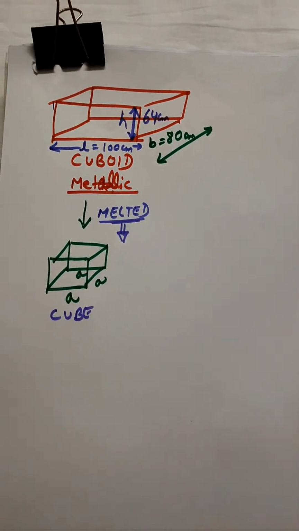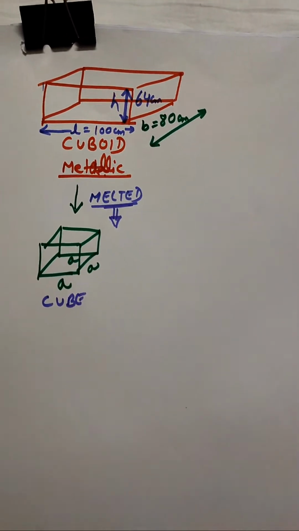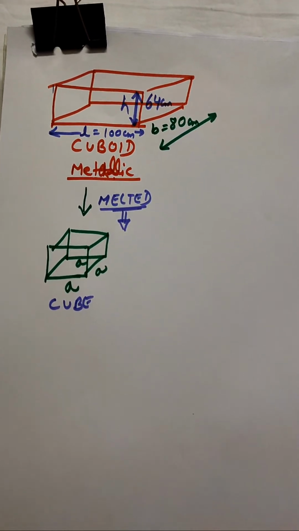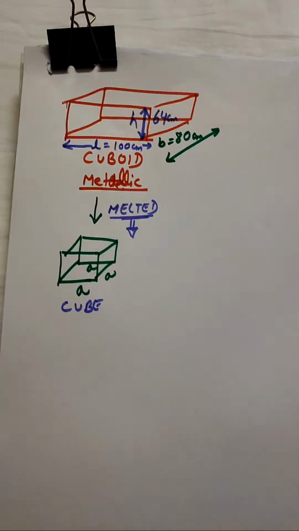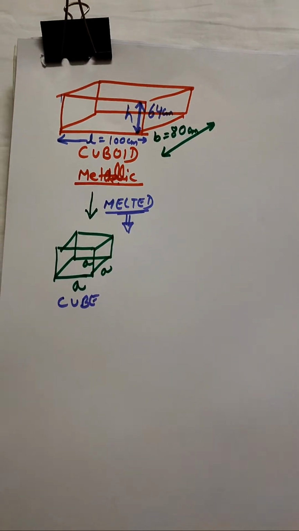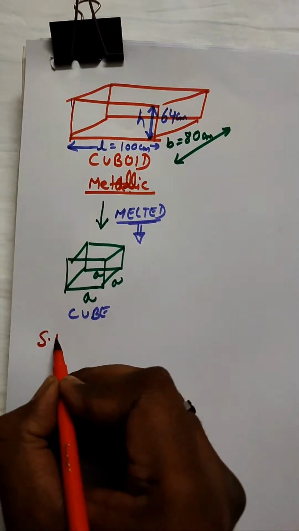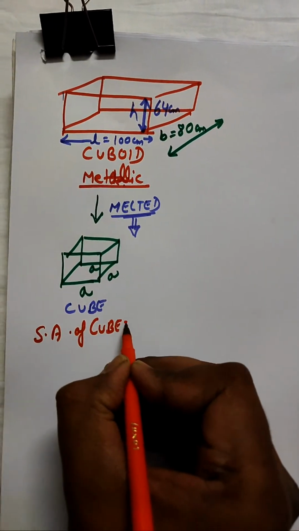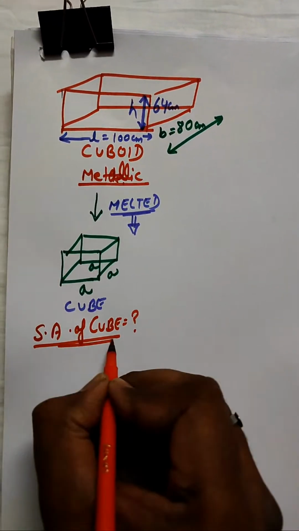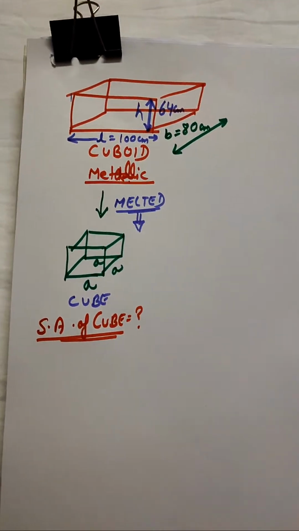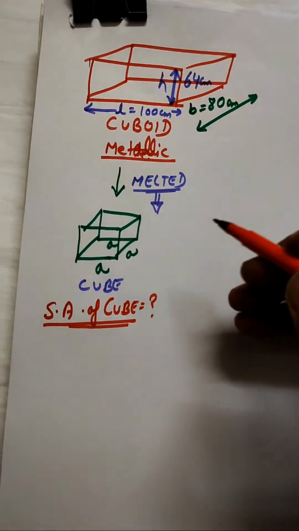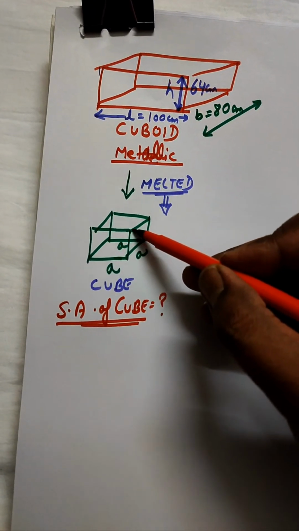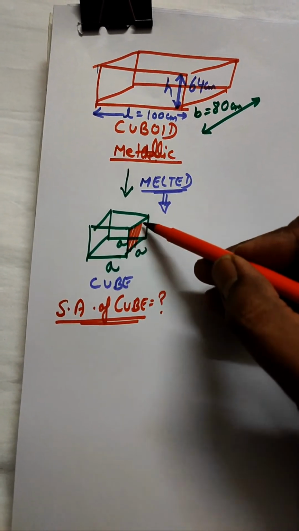Right? Now, what is the question? The question is to find the surface area of the cube. We need to find the surface area of the cube. Surface area of cube equal to what? The surface area of a cube is the total area which is outside.